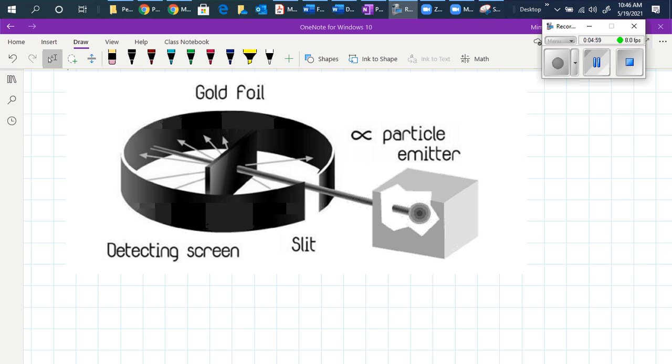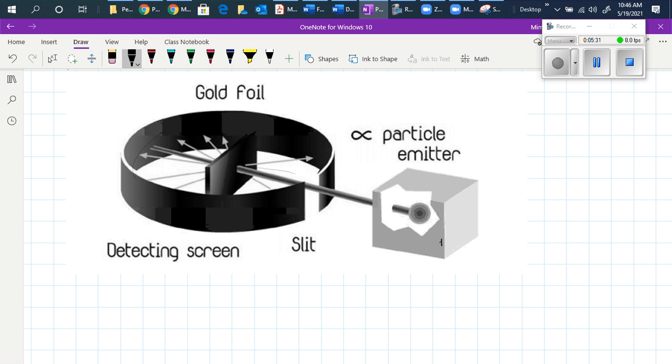Alpha particles, which are known as helium ions, from a radioactive radium source were fired into the gold foil, and there was a zinc plate screen that the particles could hit.